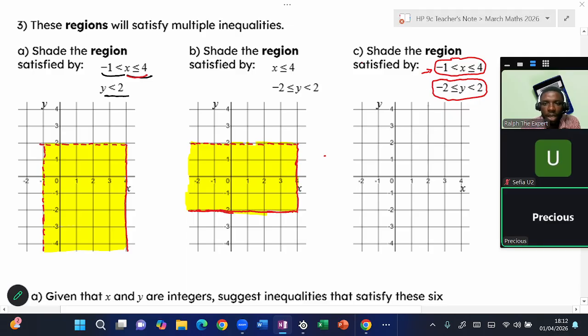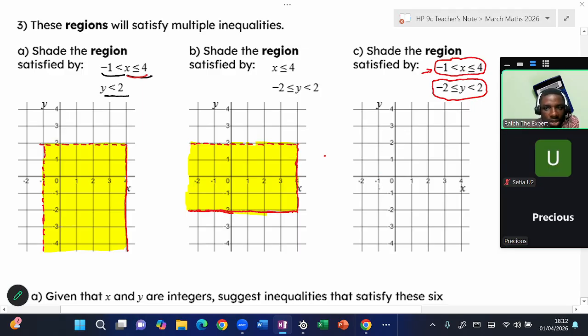Yeah, okay, attempt the first one. First, you have to use shade from. Since the first one has a less than or equal to, use shade from. Draw a dashed line across from x equals -1.